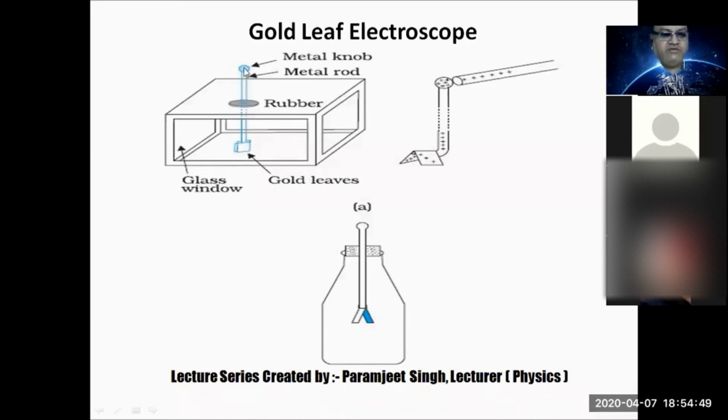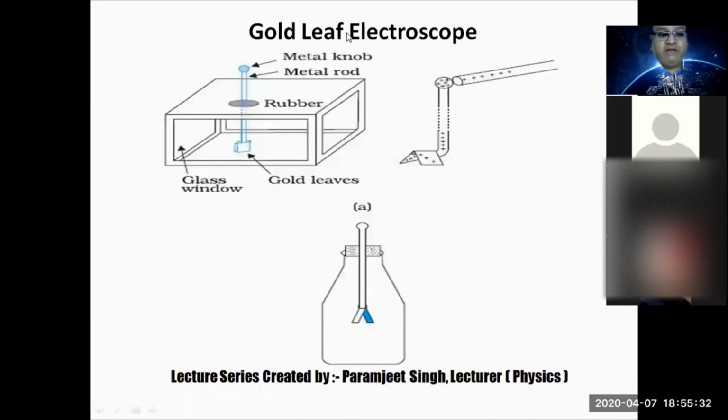Arrange a metal rod with a metal knob, and a rubber piece or cork, any insulating fitting, in the mouth of the container. Both shapes are gold leaf electroscopes. A very small arrangement: a glass bottle, one metal rod, one insulating cork. Put the metal rod in the cork. These are two aluminum foils.